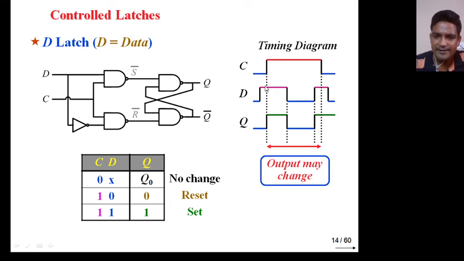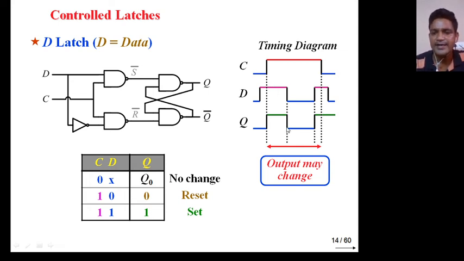Now just check here what is the value of D. It is 1. So initially the value is 0, now it is 1 because here we are getting 1. Here to here the value is 1, so it is 1.